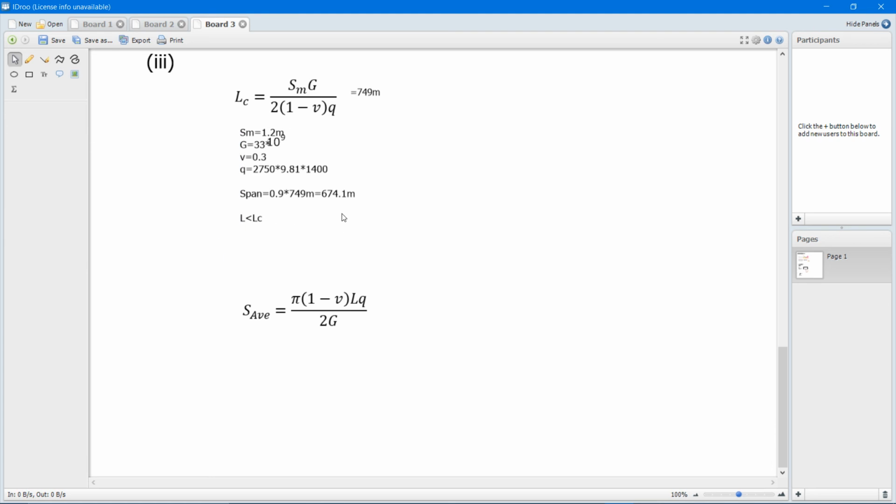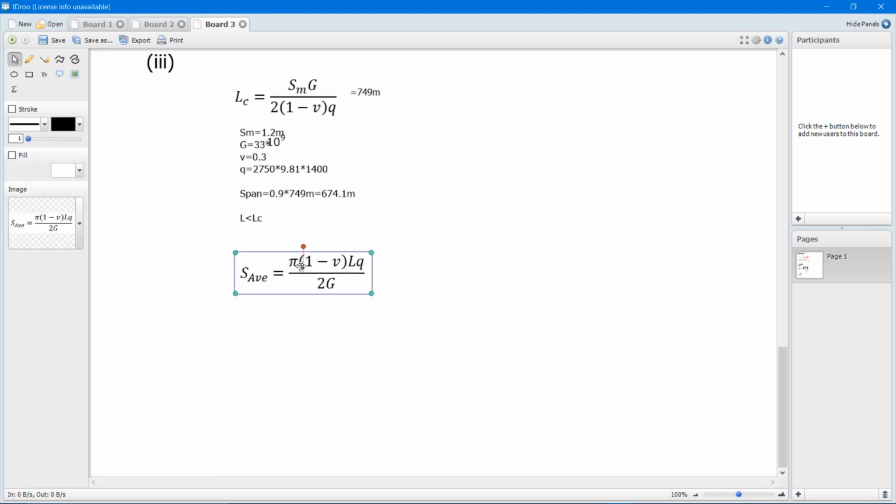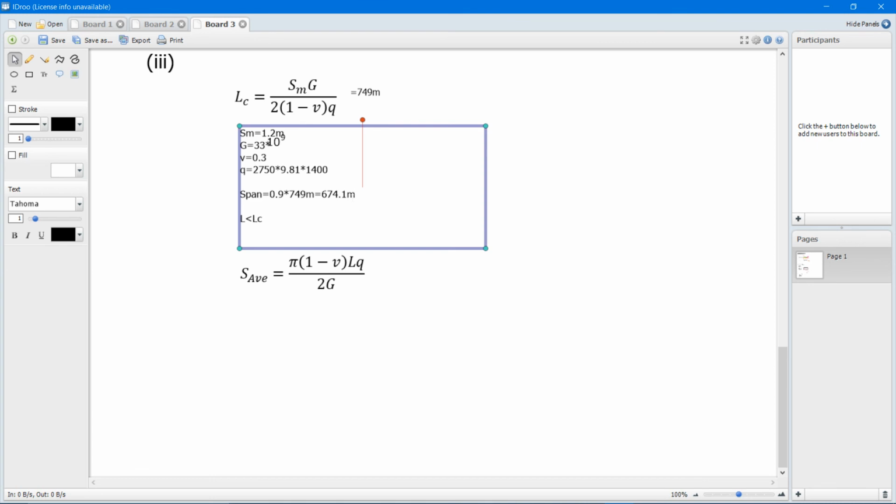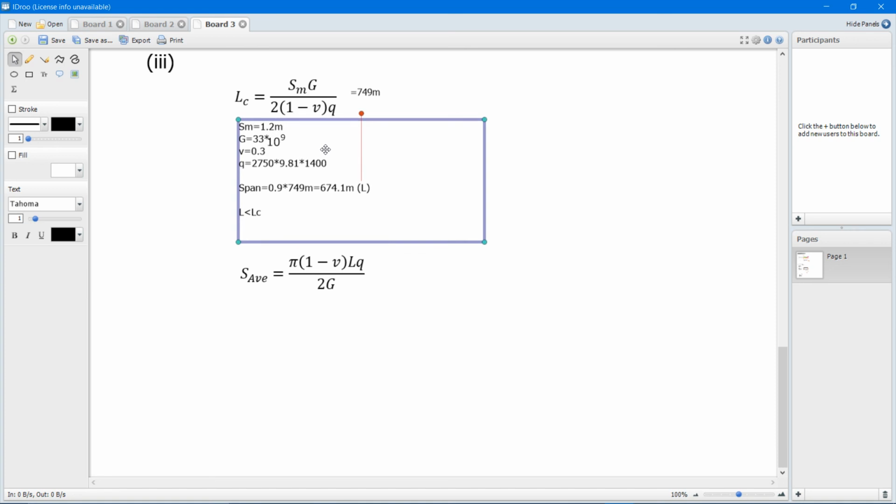So L is less than Lc, hence we use this formula. So we substitute everything in there and see what we're getting. We know pi is a constant, Poisson is 0.3, L is 674. Don't get it mistaken, that's L. Q is already there.